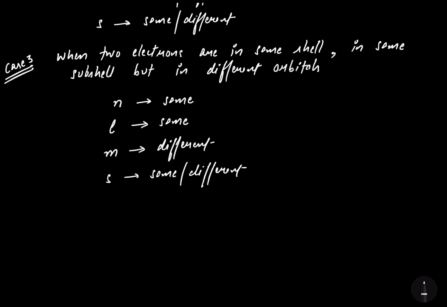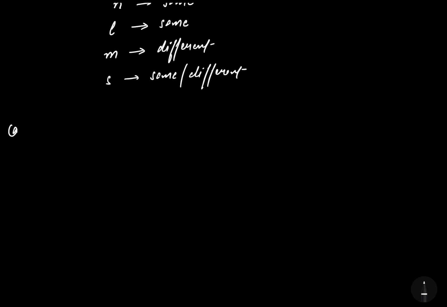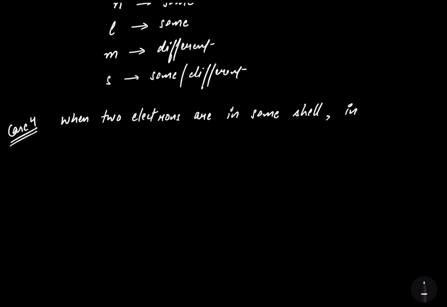So now let's talk about the last case, the case number 4. When the two electrons are in same shell, in same subshell, even in same orbital also, but with opposite spin.